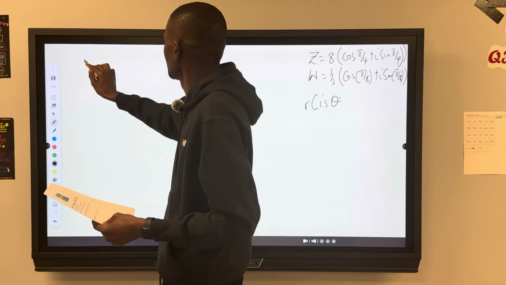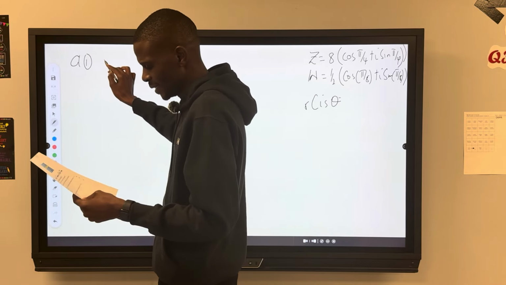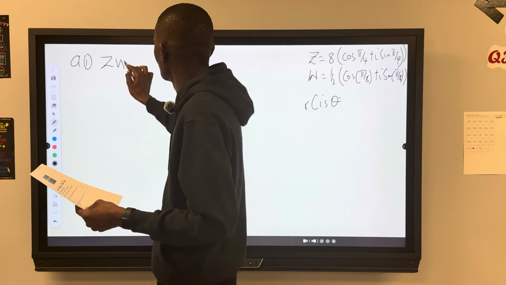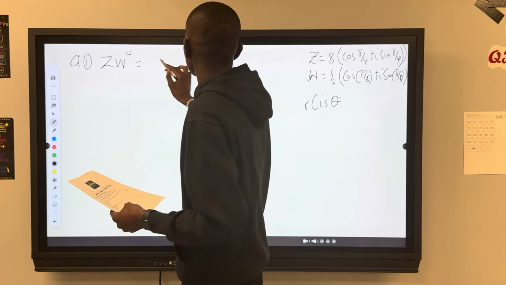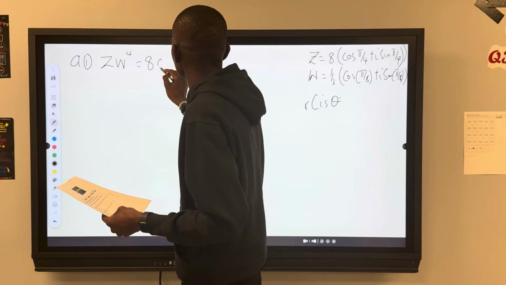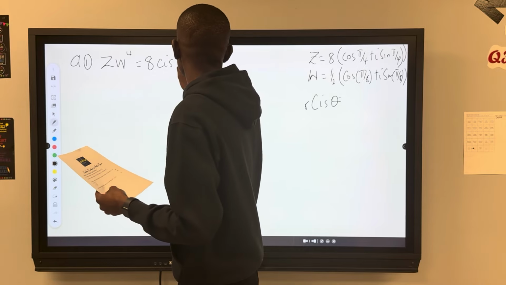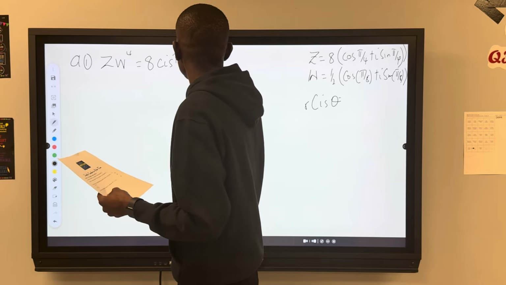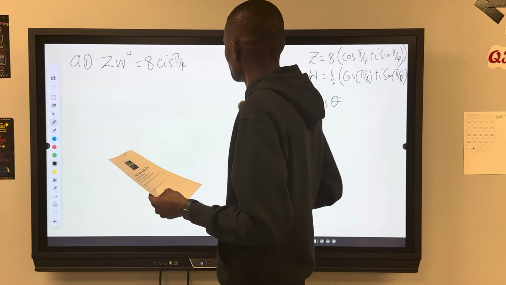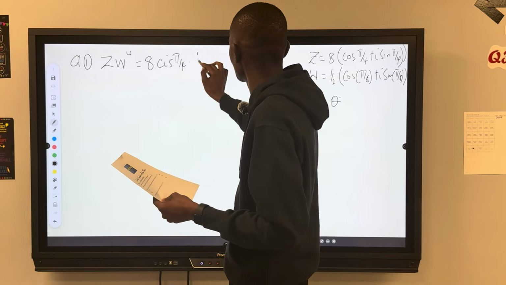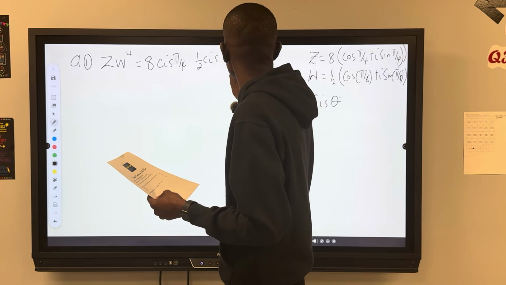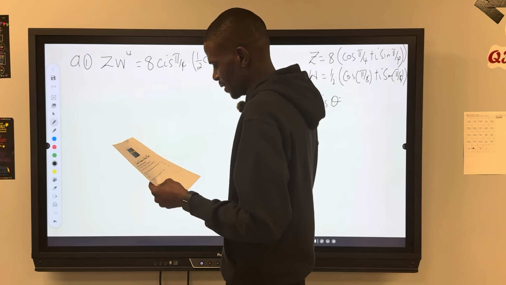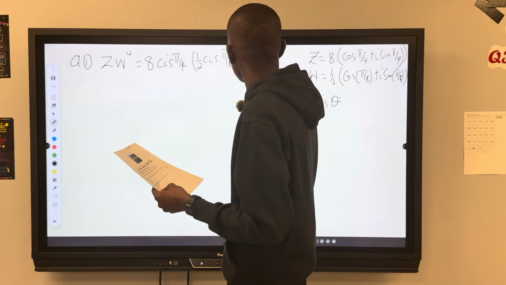So first we need to find zw to the 4th power. My z here is 8 cis pi over 4, being multiplied by my w, which is 1/2 cis pi over 8, all to the 4th power.